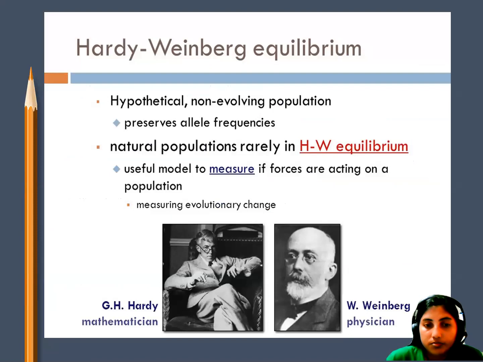So this is what they said. It was a hypothetical, non-evolving population, which preserves allele frequencies. Natural populations were very rare. It is a useful model to measure if forces are acting on it, and they used this equilibrium to measure the evolutionary change as well.